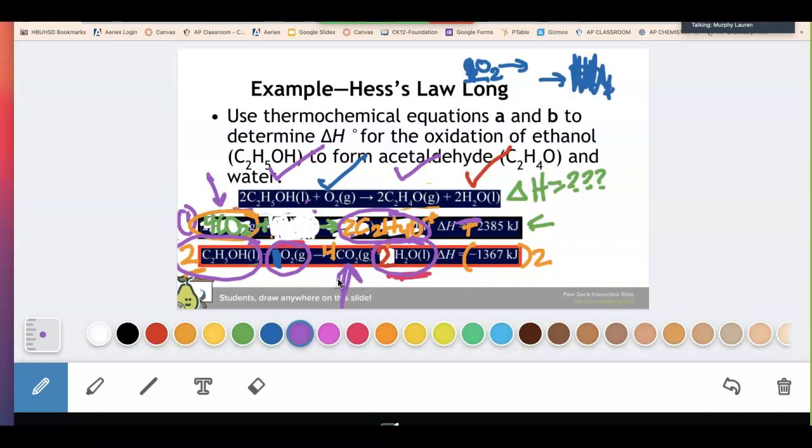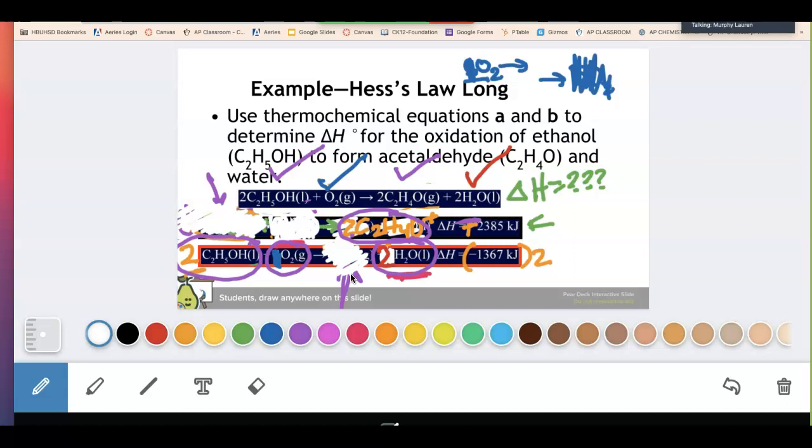That is perfectly subtractive, meaning they're both completely gone, because 4 minus 4 is 0. Now this is a good thing because my overall reaction does not have carbon dioxide in it. So we're glad that they canceled out.